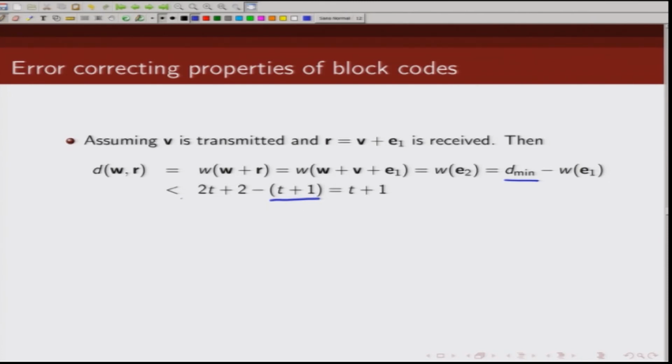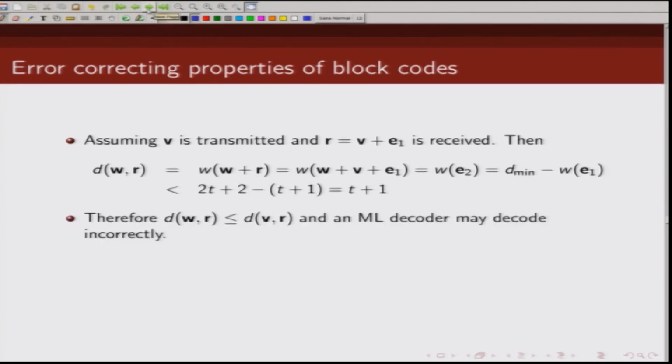So, the weight of E2 will be less than 2t plus 2 minus t plus 1, which is t plus 1. So, the Hamming distance between w and r is less than t plus 1. And what is the Hamming distance between v and r?